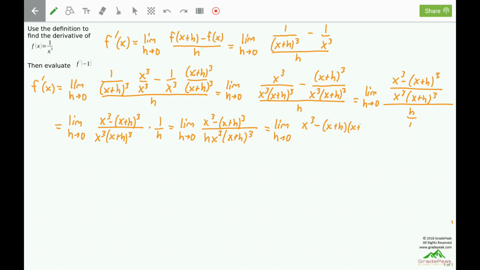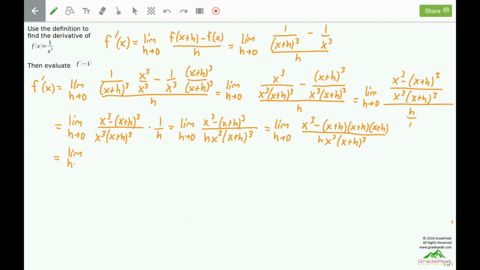quantity cubed. Now, quantity cubed means x plus h times x plus h times an x plus h. To handle the quantity cubed, we're going to pair off two of them, FOIL those out, and then FOIL it with a third one.